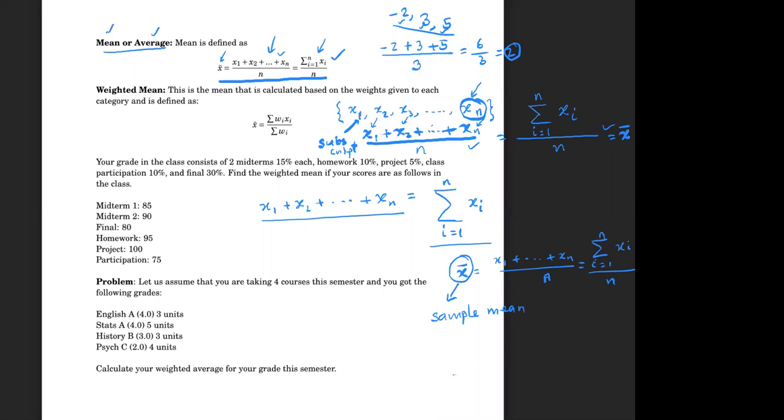That means if you have a population, and from the population you collect a sample, a subset of the population, and you find that mean, it is called the sample mean. Sample mean is denoted by x bar. So in parentheses, let me put that. Right here, I'm going to say another very important thing. There is also the population mean.